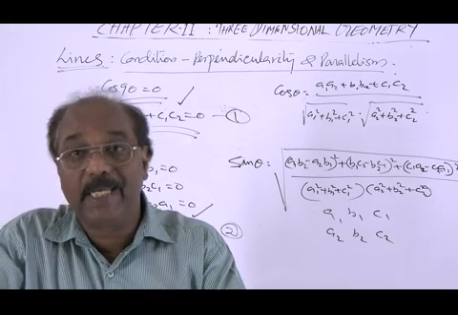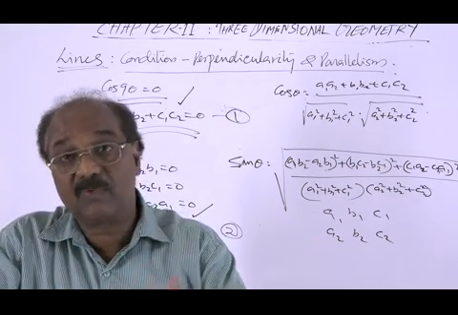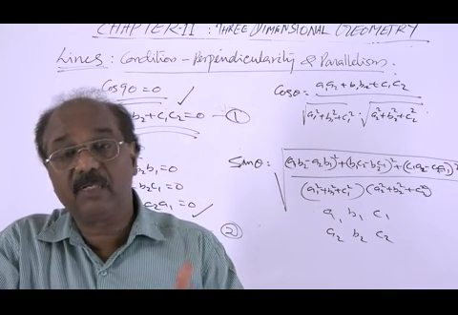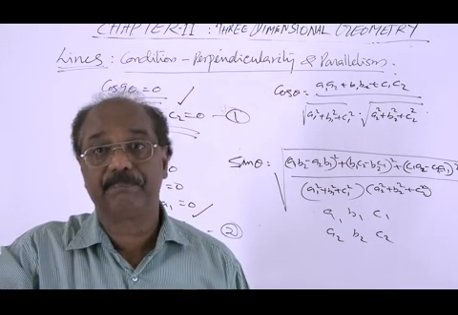And again, suppose the two lines are given in the vector form, then how can we find the angle and the condition?